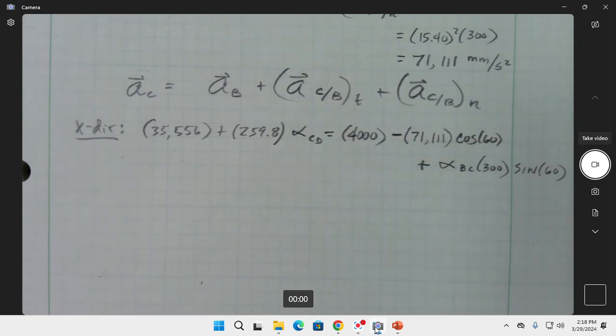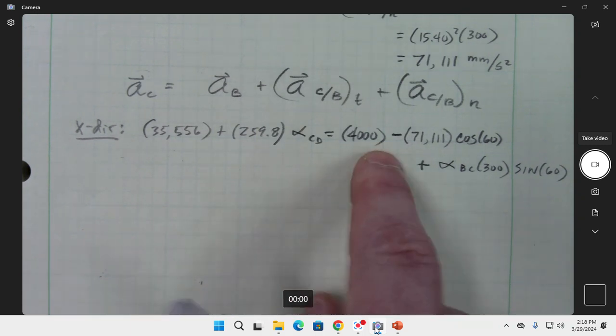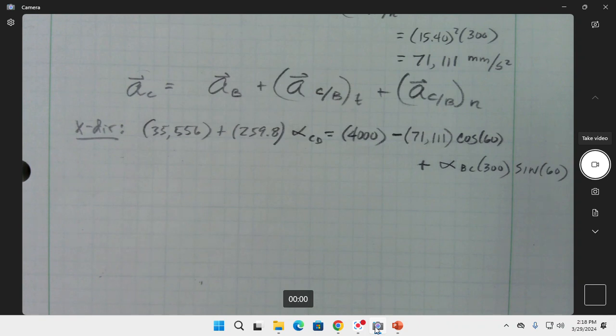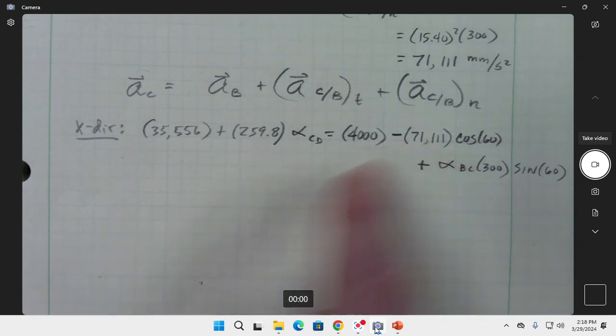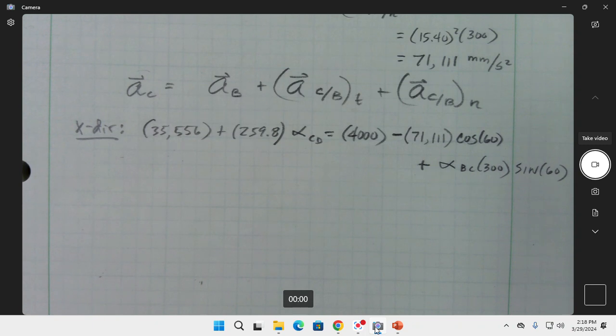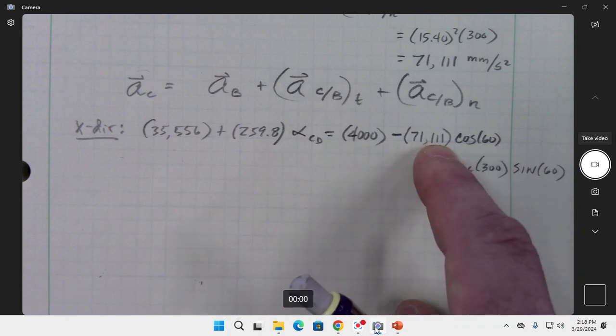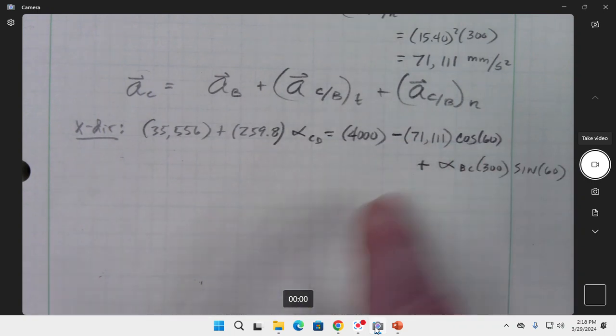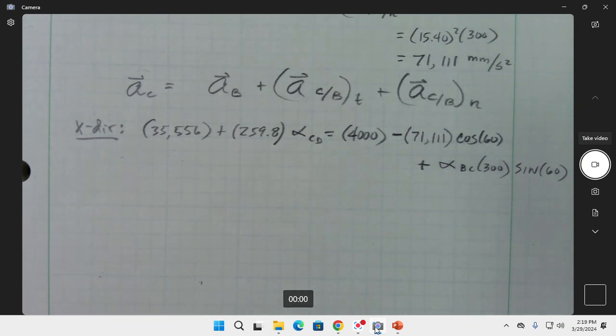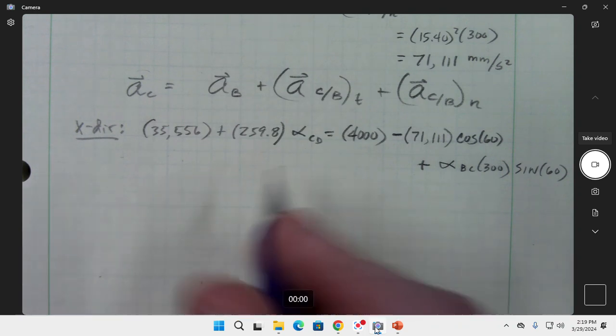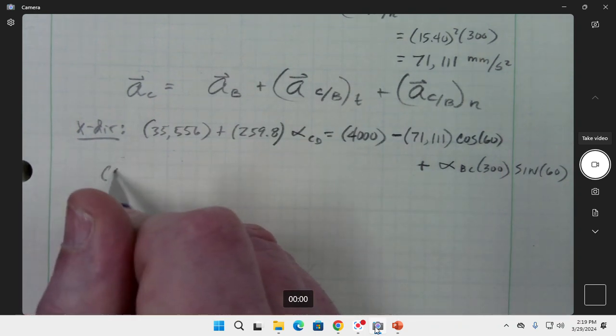I'm going to have my 35,556, subtract out 4,000, and then add 71,111. I'm a little nervous, because isn't the cosine of 60 0.5? Oh, we're going to add that. Okay, 60 cosine times, yes, but now we're going to add. I think that's right. I think I got it right.